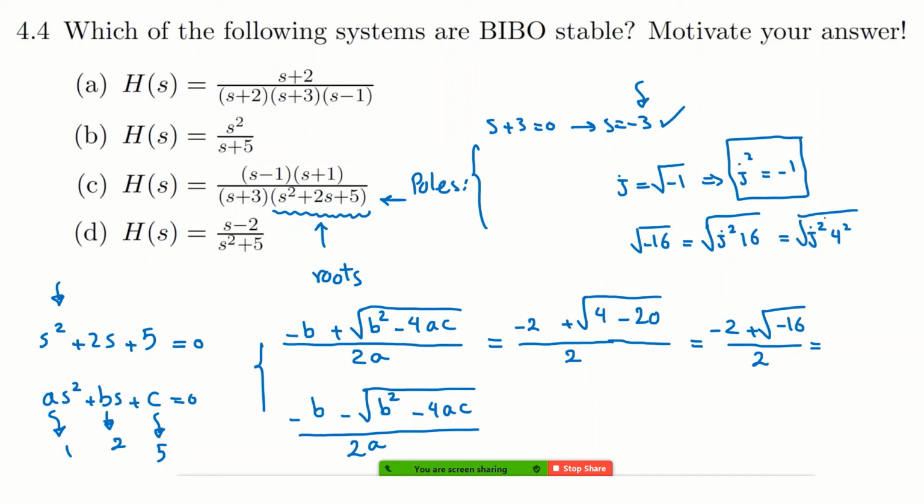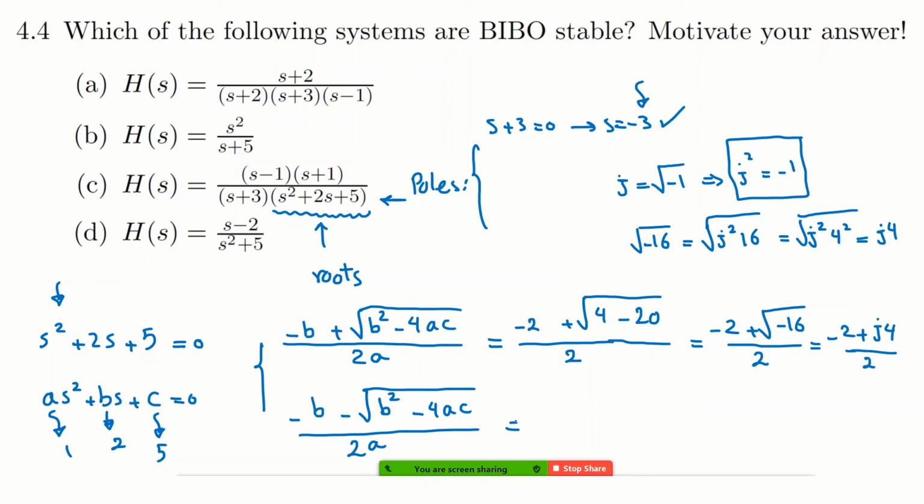Now I can cancel the square root and the squares here, so this equals j4. If I replace that here, then we have minus 2 plus j4 divided by 2.